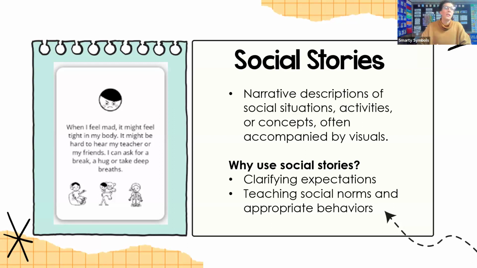The example here does have how to handle a situation when you're upset. So when you're mad, what does your body look like? What should you do? And there are images here to help support some of that comprehension so that maybe the student can't actually read the words of the social story, but the images with it are relevant enough that can clarify what the expectations are for the student so they know what they should do.